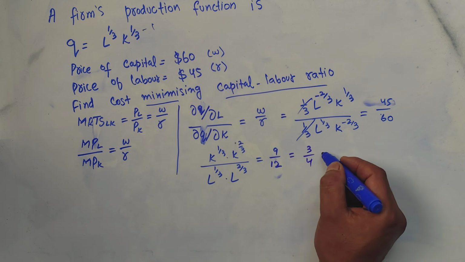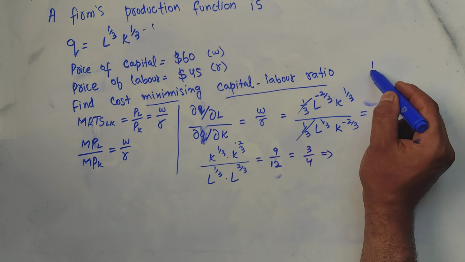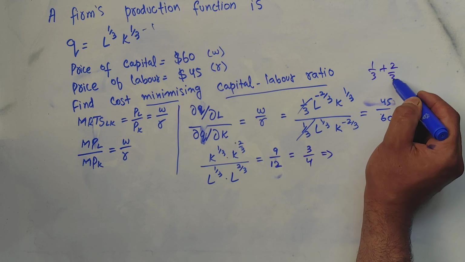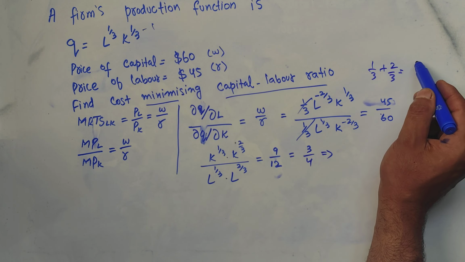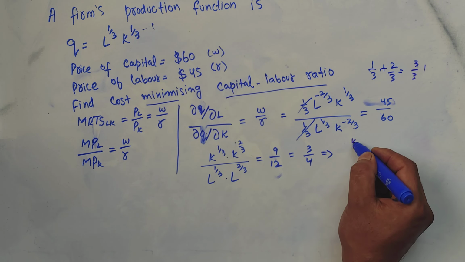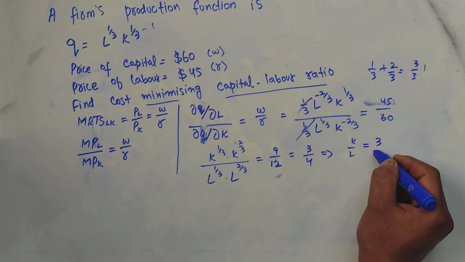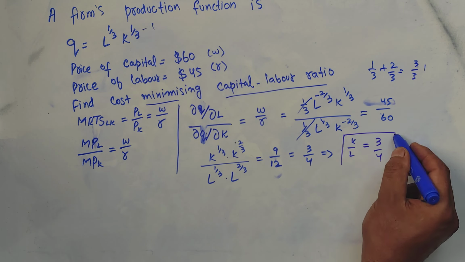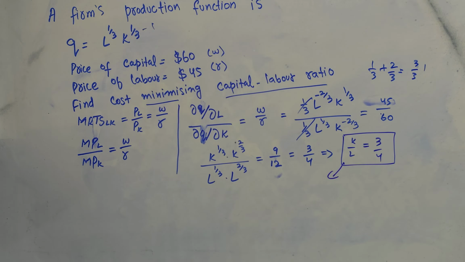So the bases are the same, we can add the exponents. The exponents add up to 1 because we have 1/3 plus 2/3. We have the same denominator, so we can add the numerators: 2 plus 1 is 3 upon 3, which is equal to 1. So we get K upon L equal to 3 upon 4. This is our capital labor ratio, in this case the cost minimizing capital labor ratio.